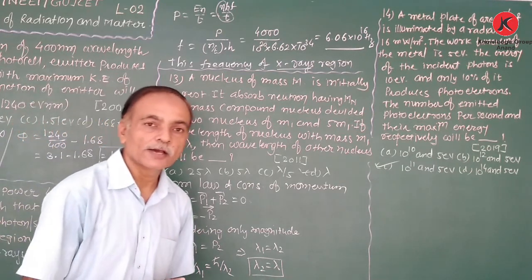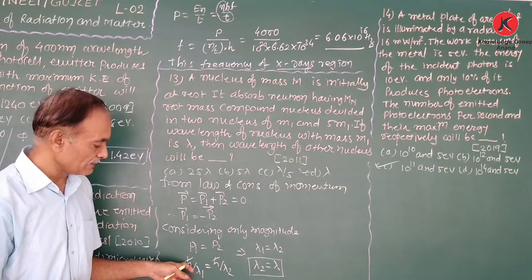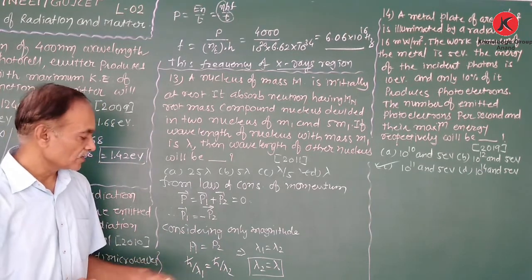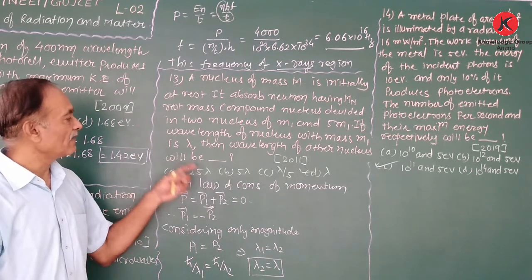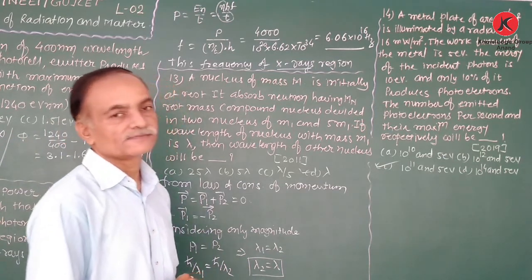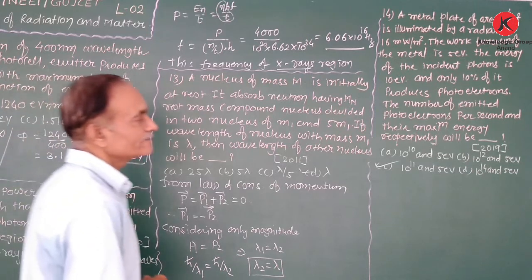We know momentum P = h upon lambda, so h upon lambda1 = h upon lambda2. h is cancelled, therefore lambda1 = lambda2. Lambda1 is given as lambda, therefore lambda2 is also lambda. Now next, that is asked in 2019.